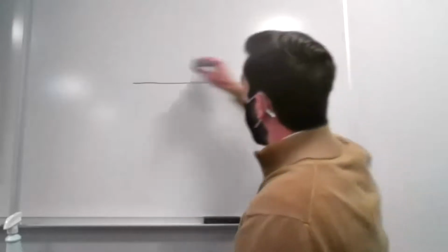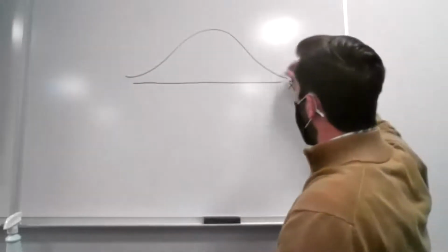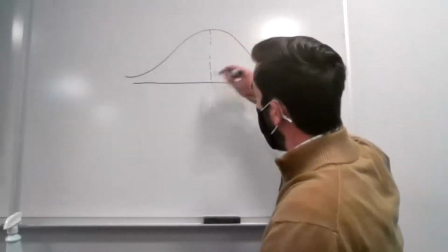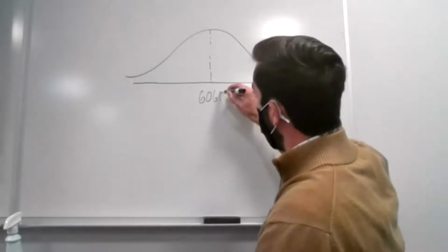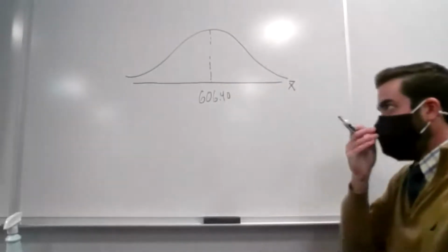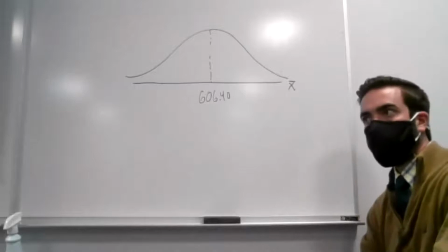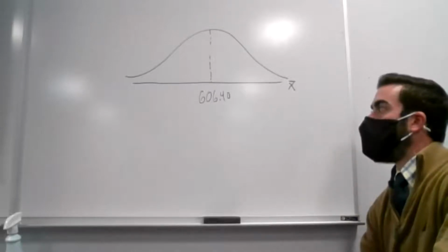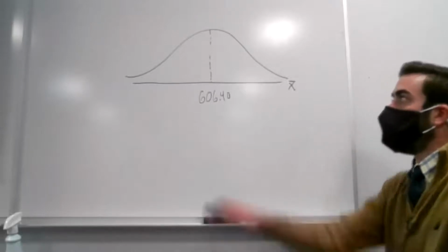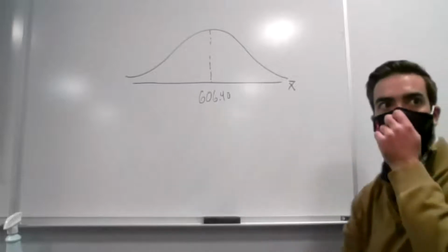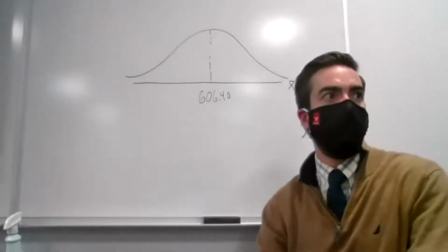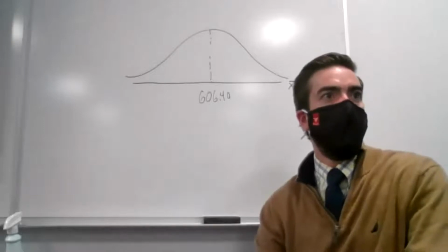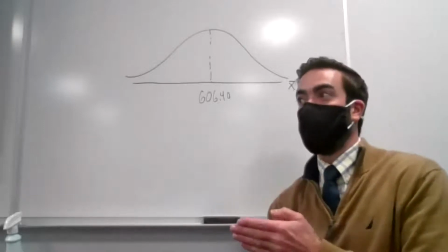So let's say we've got these sample means, and I'll even use the example that we just did, right? So 606.4. Let's assume for a second that the assumed true mean that we had, let's say we somehow were able to observe the population mean after the fact, and we see it's exactly $606.40.